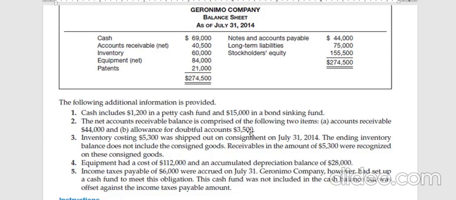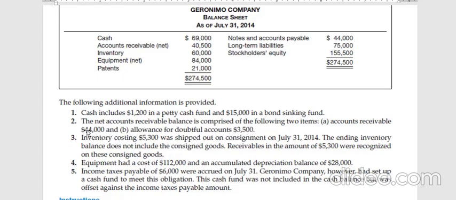So if you do the calculation in your calculator as well, 44,000 minus 3,500, it gives you a net value of 40,500. From our chapter discussion, we have learned that the amount of account receivable and the allowance, both of them should be shown in the sub columns. So remember this thing, we will adjust that when we are preparing the balance sheet of the company.